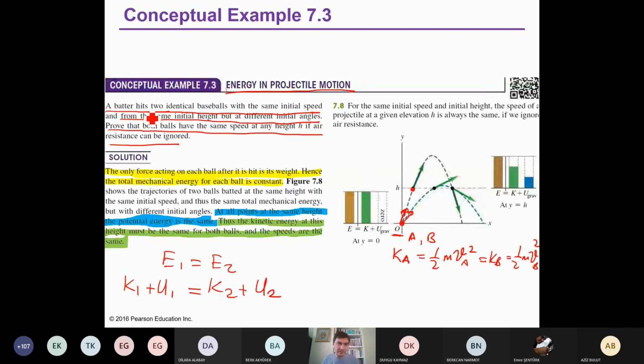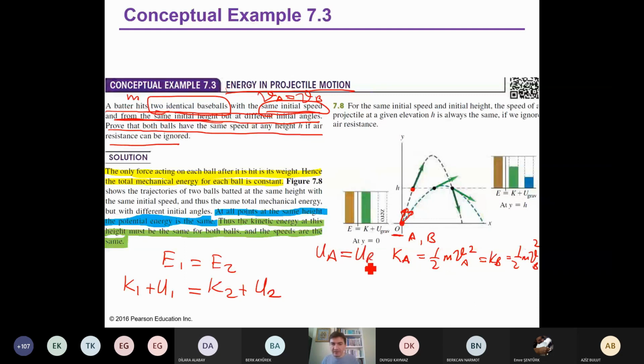It means that they have the same mass and same initial speed. It means that vA is equal to vB, okay? So same initial height means that the initial potential energy of baseball A is equal to the initial potential energy of baseball B.